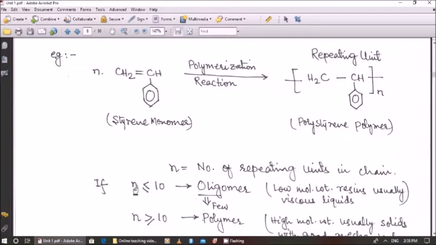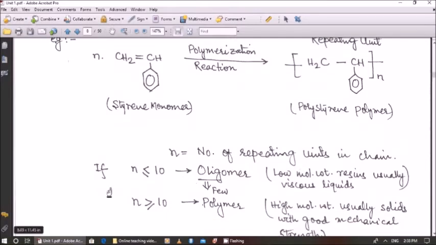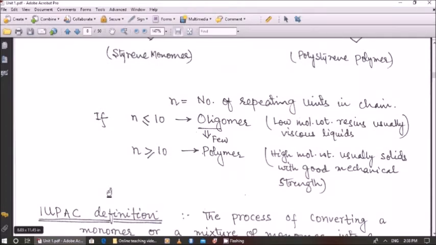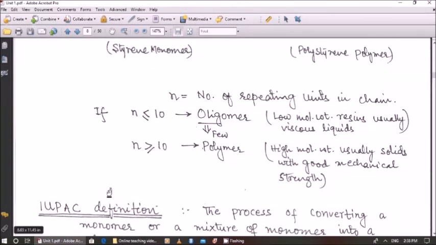Now if number of subscript n or number of repeating unit is equal or less than 10, it is termed as the oligomer. Oligomer means a compound having few chains or few units. So it is a low molecular weight resin, and usually it is a viscous liquid.